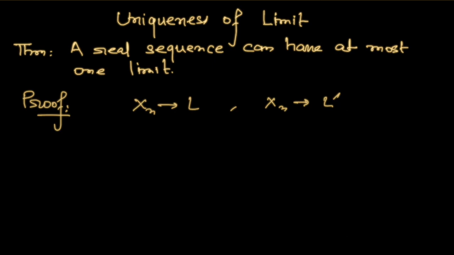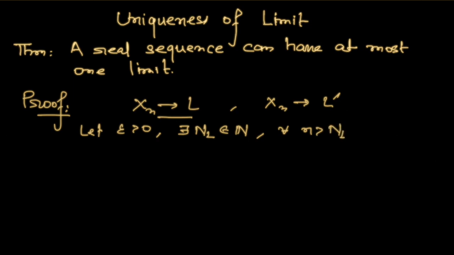Again, let epsilon be greater than 0. Then there exists n1, a natural number, such that for all n greater than n1 we have |x_n minus L| less than epsilon.